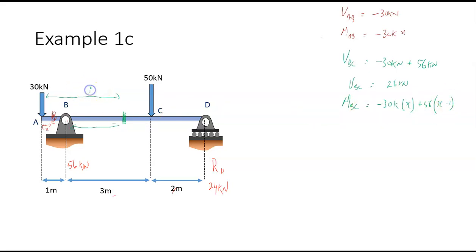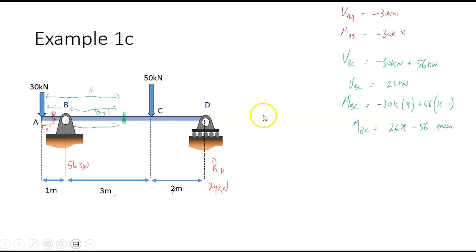If that value is x, and that value is 1, then that distance there is x minus 1. When we multiply that out, we get MBC is equal to 26x minus 56, in kilonewton meters.